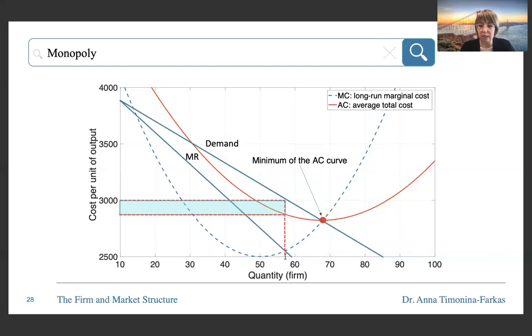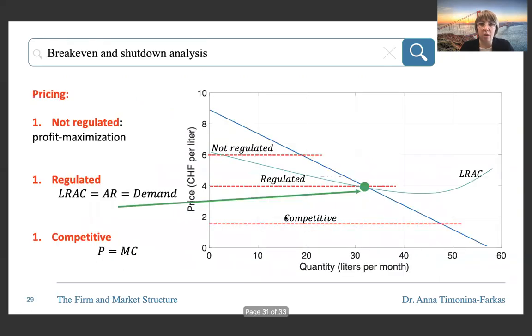The monopolistic company can sell the demand, fully satisfying it, and obtain the profit, which is just the difference between total revenue and the average cost multiplied by the quantity. There is a difference between regulated and non-regulated monopolistic markets.